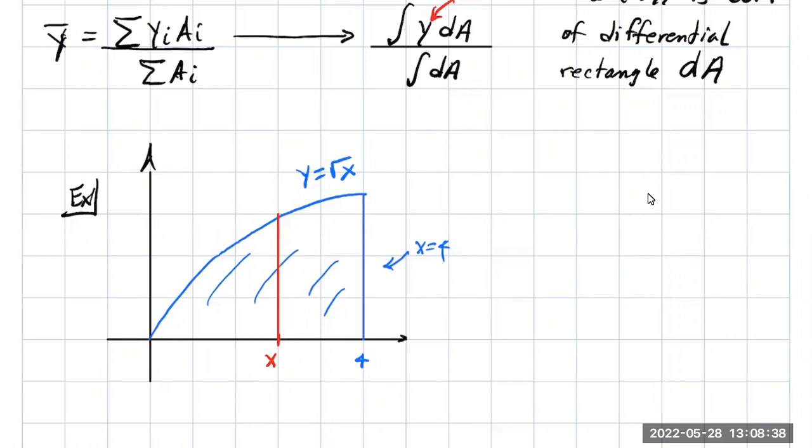Oops, that didn't come out very well at all, did it? Let me try that again. I'll make it a little bit wider. Okay, so there's my differential rectangle, and there is its corresponding center of mass. Make sure you label the ends of it like we always do.